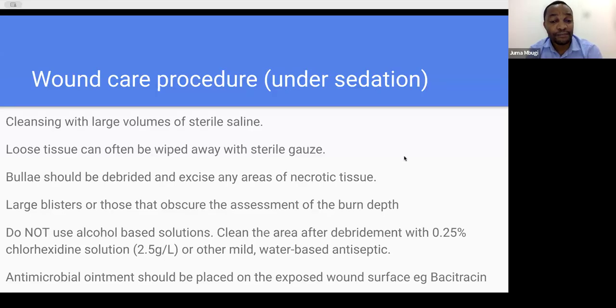Do not use alcohol-based solutions. Clean the area after debridement with 0.25% chlorhexidine or other mild water-based antiseptic, like povidone. Antimicrobial ointment like sulfadiazine should be placed on the exposed wound surface, but do not use sulfadiazine in sulfur-allergic patients.